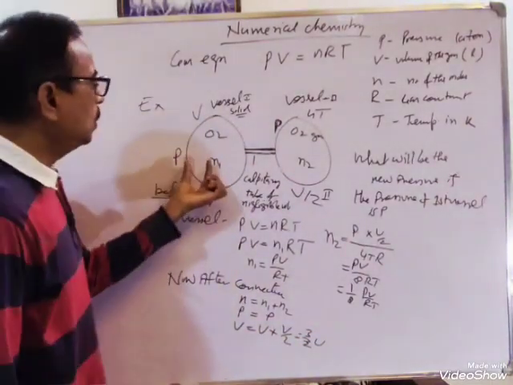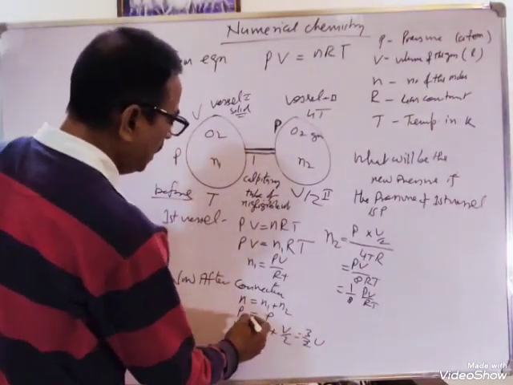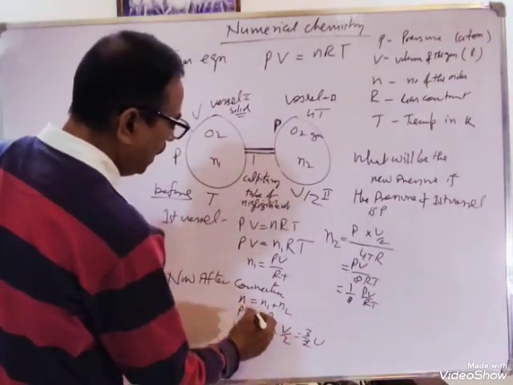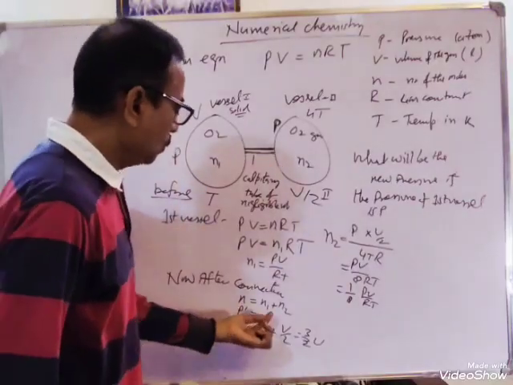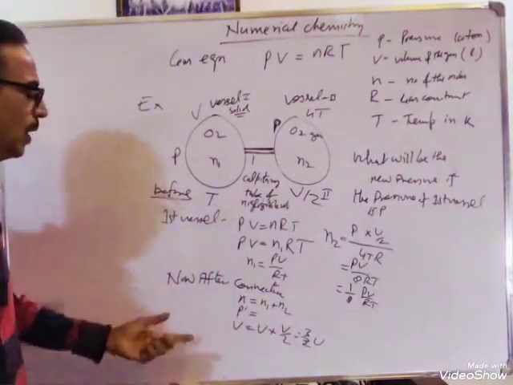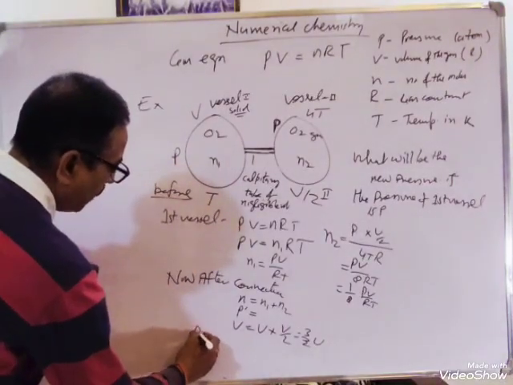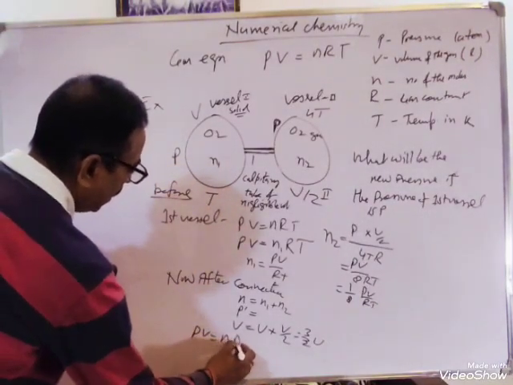Now suppose the new pressure is P dash. How will you calculate it? PV equal to nRT.